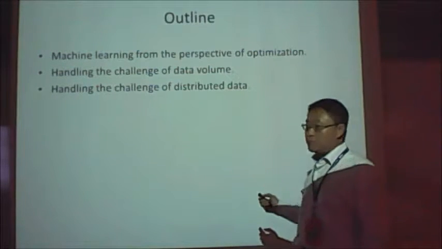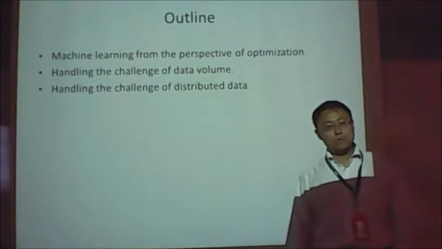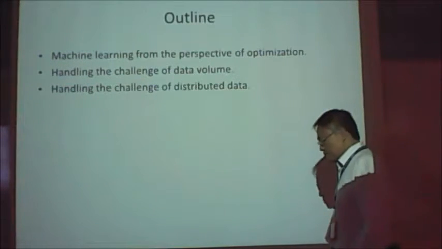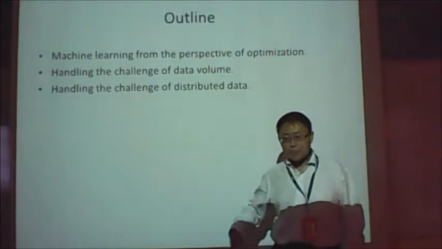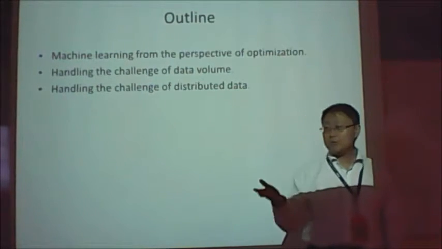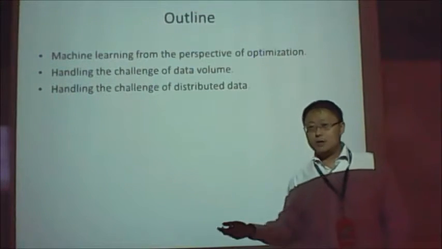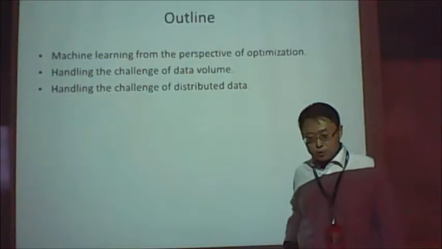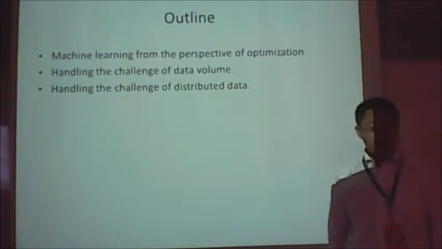And there are other people who are looking at distributed data. As you know, there are many methods of machine learning already out there. Then you look into Hadoop, which has a distributed machine learning library called Mahout and so on.